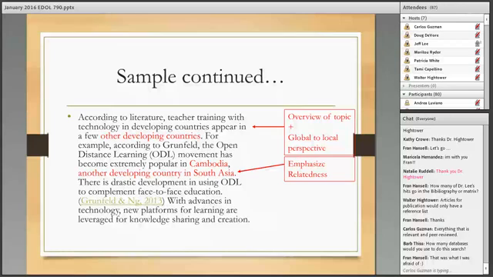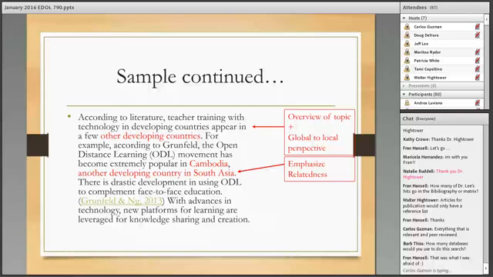And so one study that I cited was a study that happened in Cambodia, and the study talked about how online distance learning is helping supplement face-to-face education. So I talk about how in Southeast Asia there's beginning to be some momentum built around this idea of using technology in education. I'll talk a little bit later about this concept of emphasizing relatedness, but just keep that in mind.